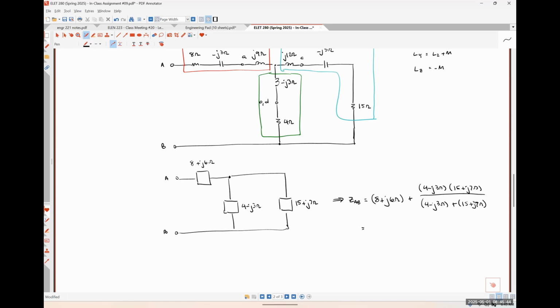I typed this in correctly, 12.649 with an angle of 19.795 degrees, or in rectangular form, 11.902 plus J4.284 ohms.